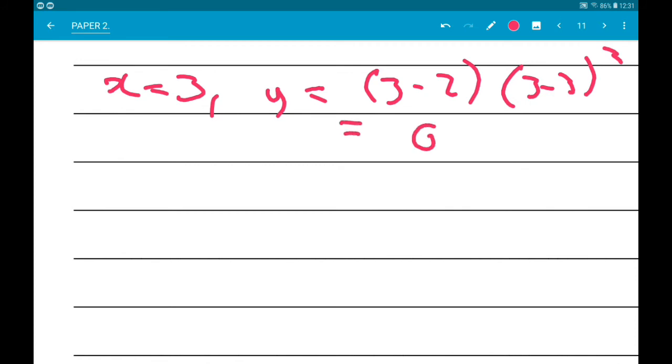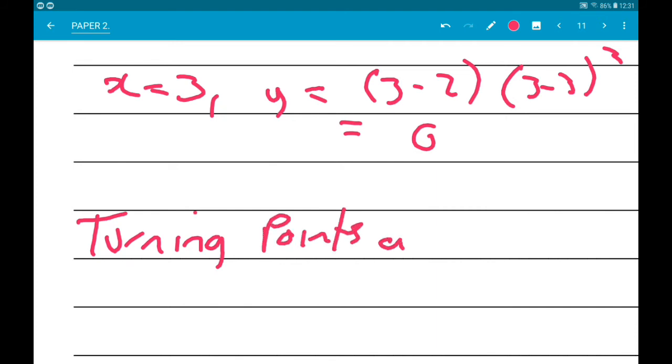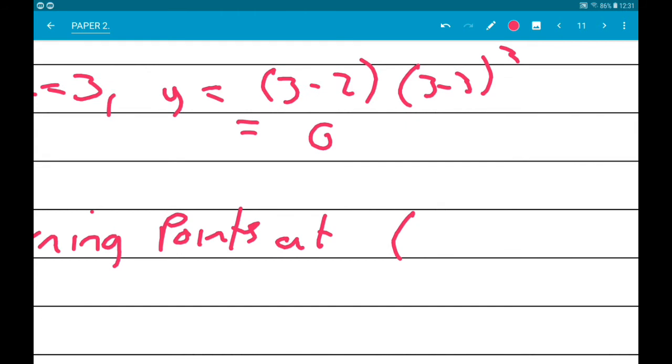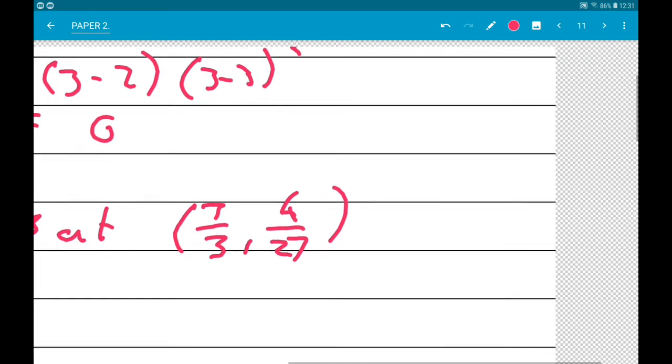So the turning points are 7/3, 4/27 and 3, 0.